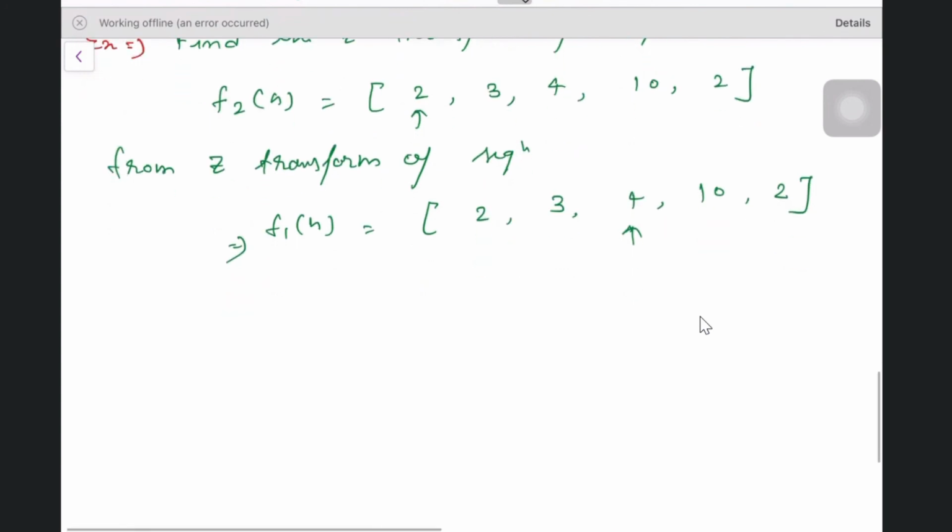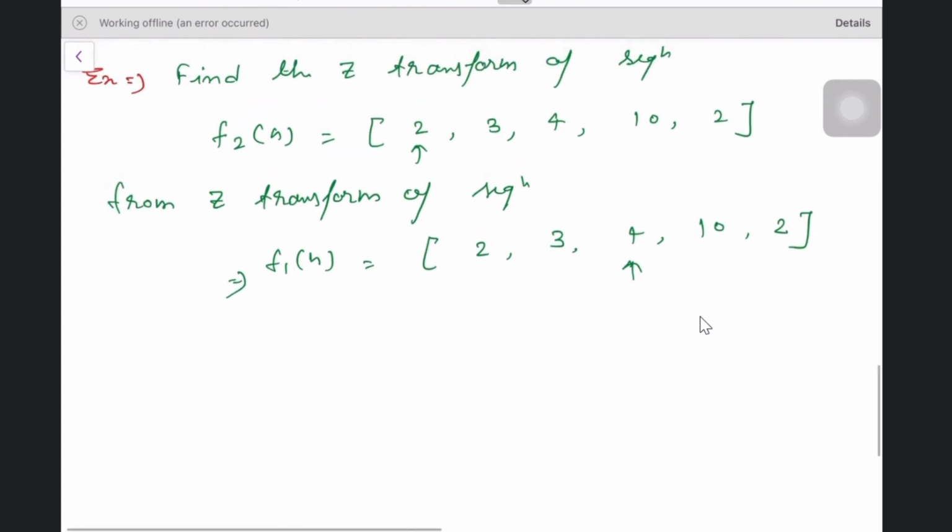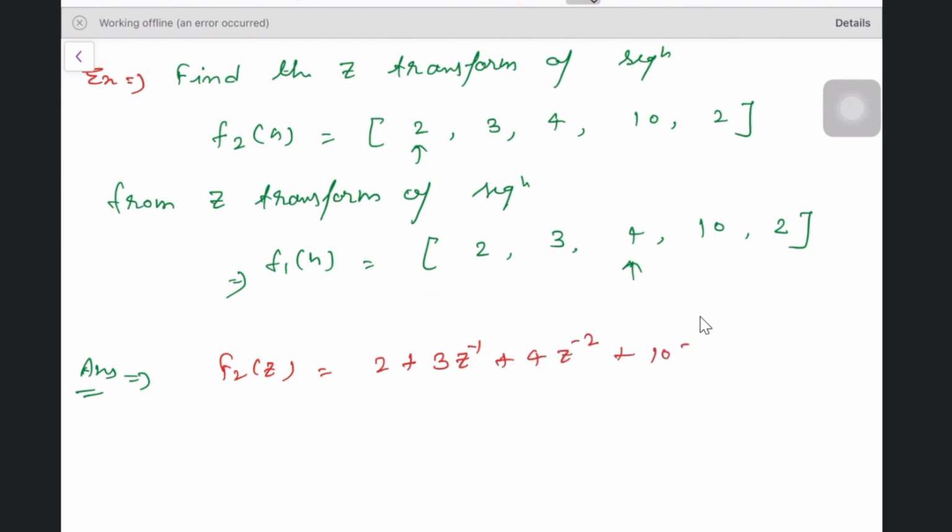So your answer will be, just writing directly, f2z equal to 2 plus 3z inverse plus 4z to the power minus 2 plus 10z to the power minus 3 plus 2z to the power minus 4.